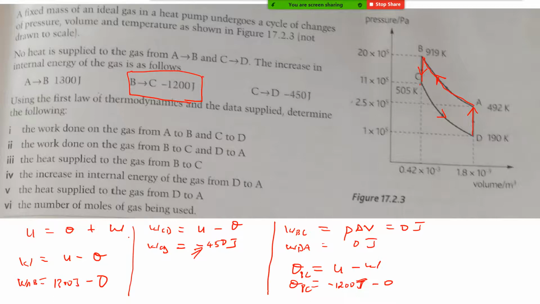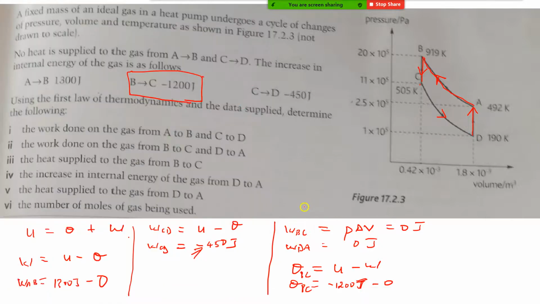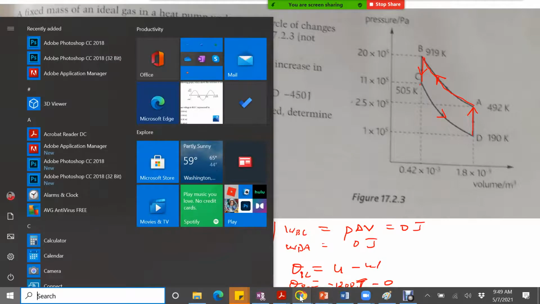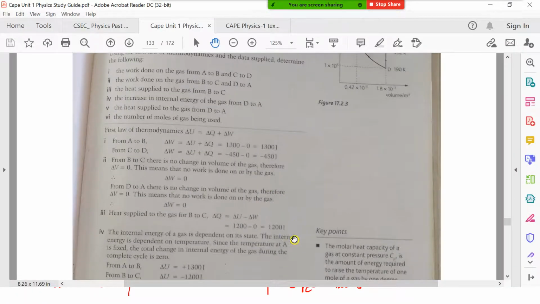Now this part looks a little bit tricky, right? To find the internal energy. Maybe they're using something else that I might not be aware of. We don't get anything about temperature. Give me a second to look it up and see what's going on.